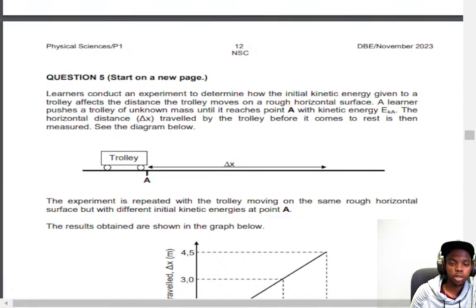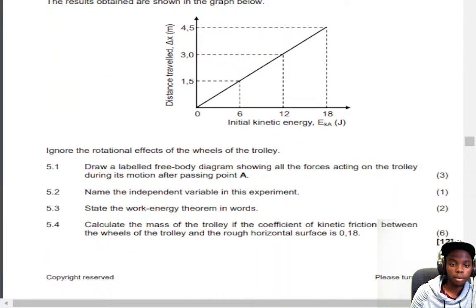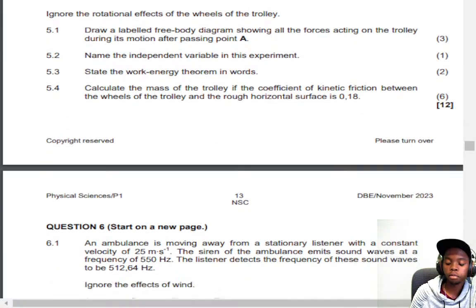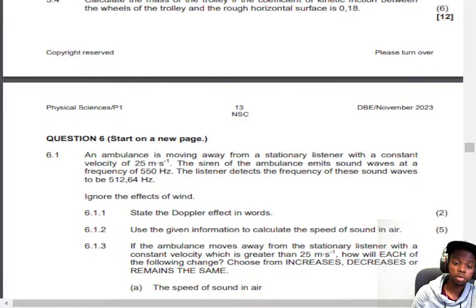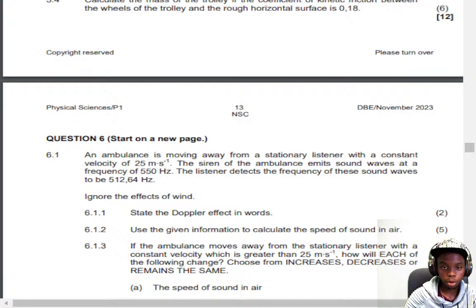Now, question 5, 5.3. State the work energy theorem. 8 marks. Now remember, we haven't even started writing that much. 6.1.1. State the Doppler effect. That's another 2 marks.